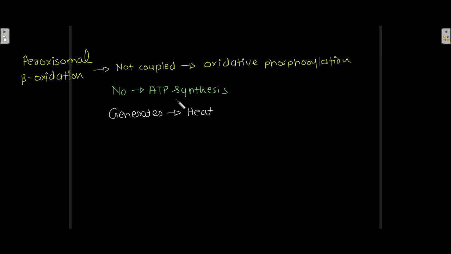So what do we do with the energy generated by peroxisomal beta oxidation? The energy is not used for ATP synthesis, but it generates heat. Because peroxisomal beta oxidation is not coupled with oxidative phosphorylation, ATP synthesis does not take place, and that is the reason why heat is generated.